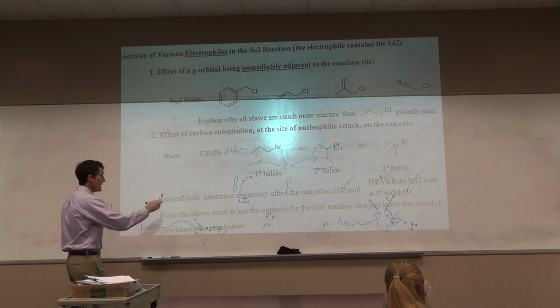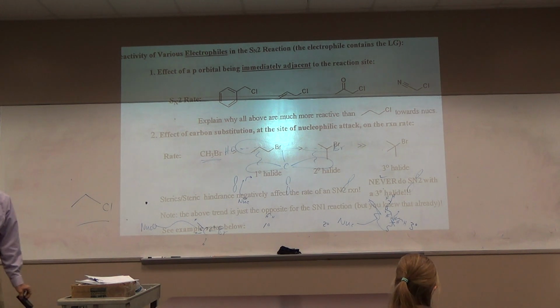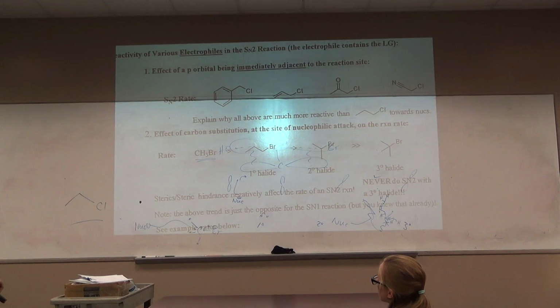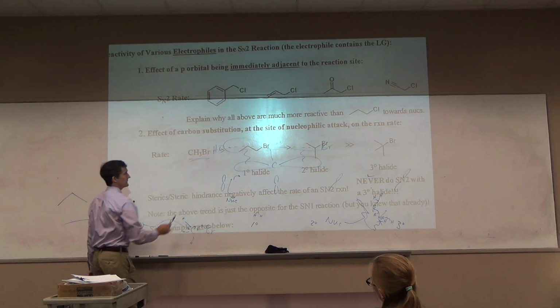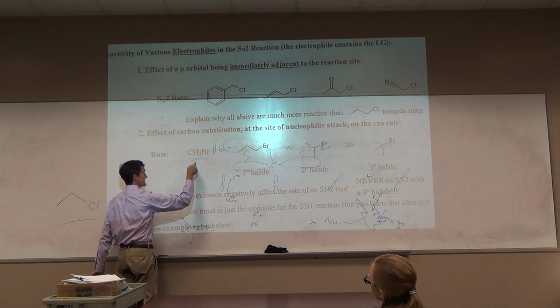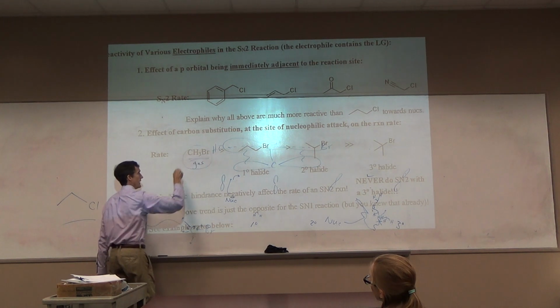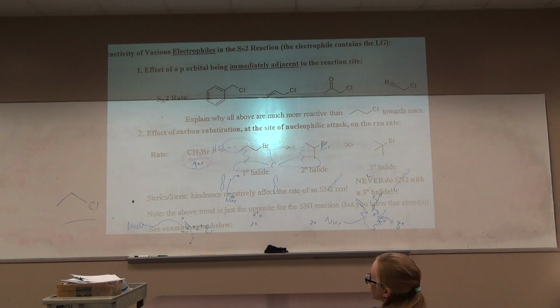In fact, methyl bromide tends to be a little toxic because it's so unhindered. There's no sterics, it reacts pretty quickly. Now there's no p orbital next door, it doesn't even have an atom next door. So it's a different reason for it being so reactive. In fact, this is a gas, and that is actually used to fumigate large buildings like warehouses.